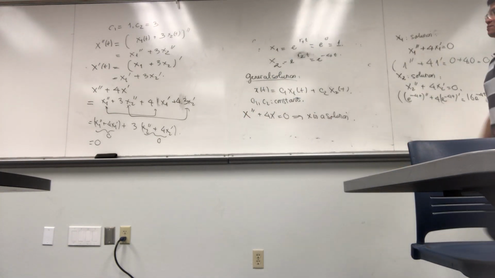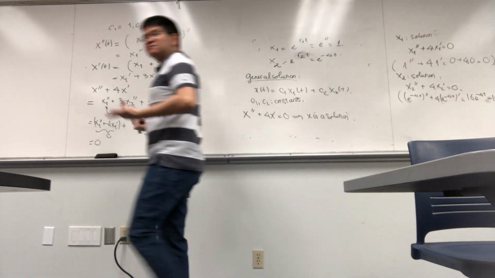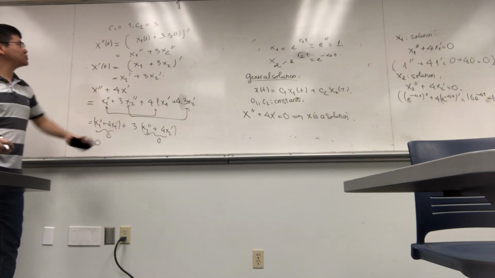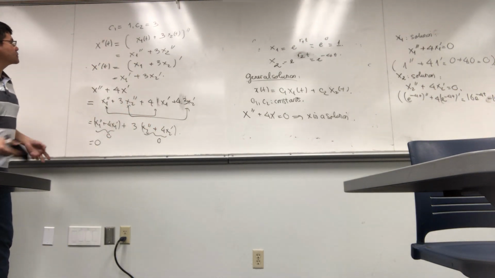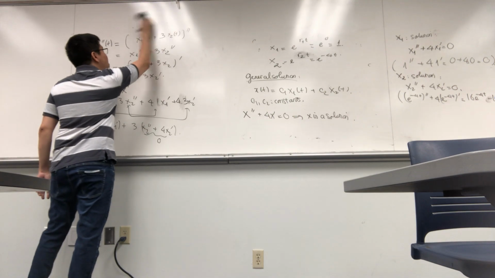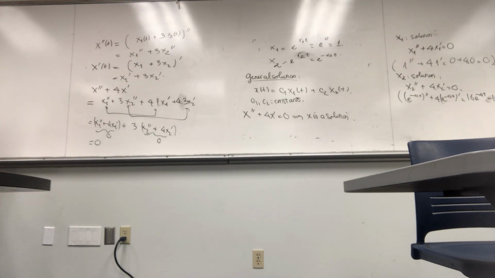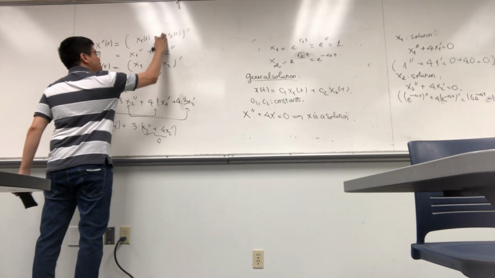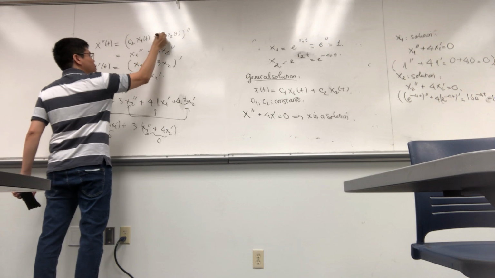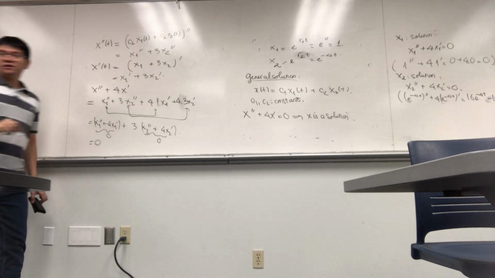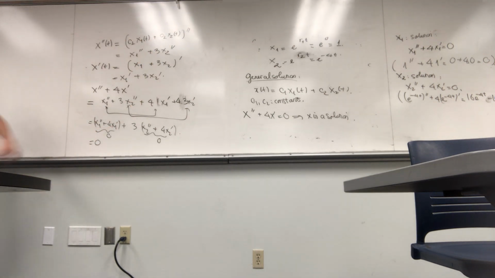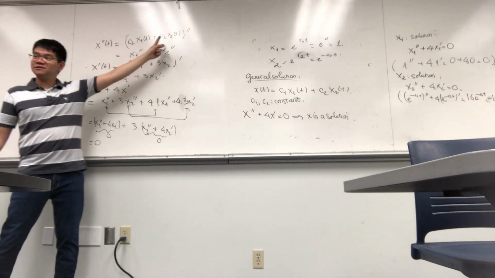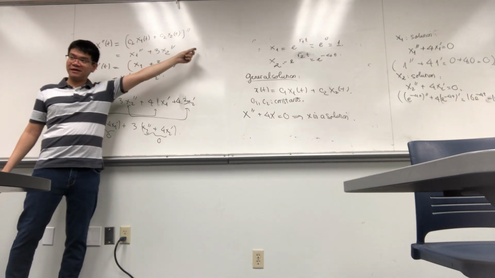Now, in this case, I considered a very special case in which x1 has c1 equal to 1, but c2 is 3. But if you consider a general case, it is the same. Here you have c1 and c2. Suppose that you consider the general case: c1 times x1 plus c2 times x2.